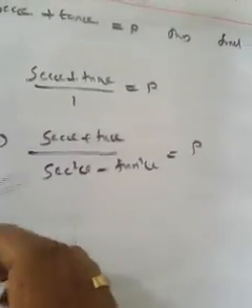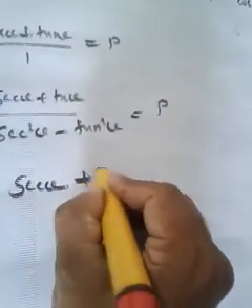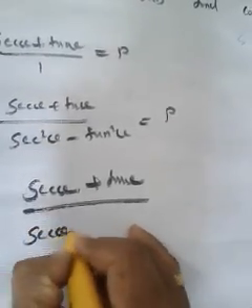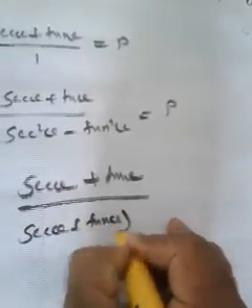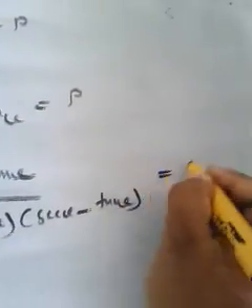It is in the form a square minus b square, so you can replace it as a plus b into a minus b. Right side as it is, P.